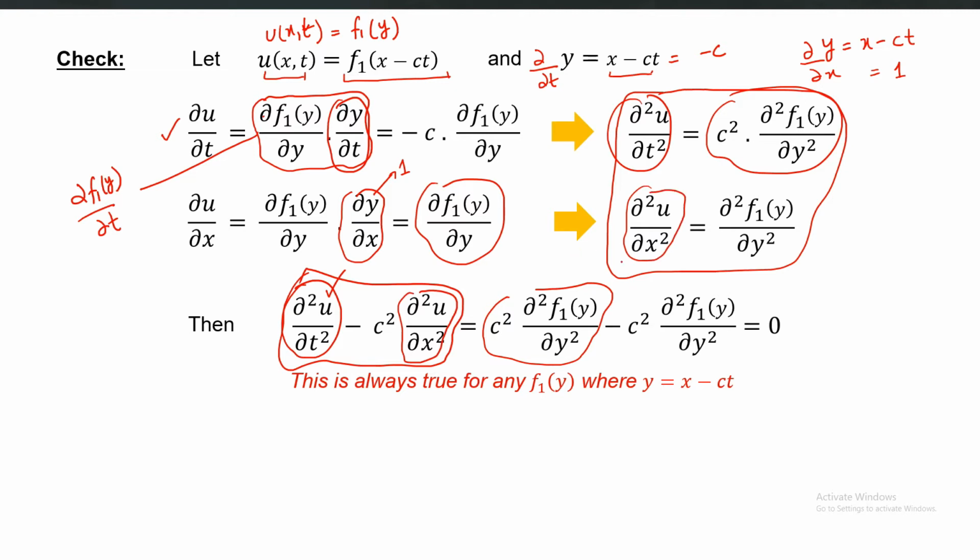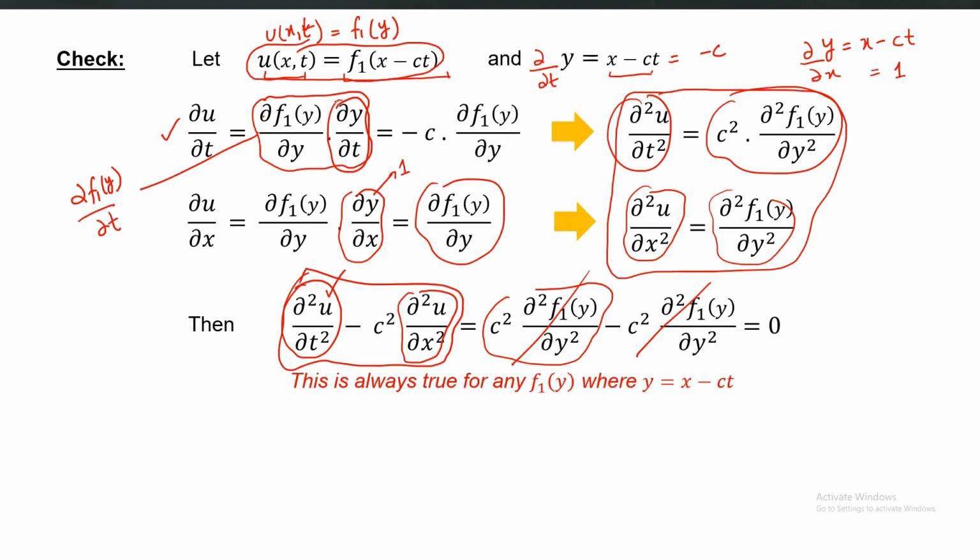So we can see that these will be cancelled and the right hand side will become 0. And we know that the original equation also had the right hand side equal to 0. Therefore the form of the solution which we just assumed is satisfying the original equation.